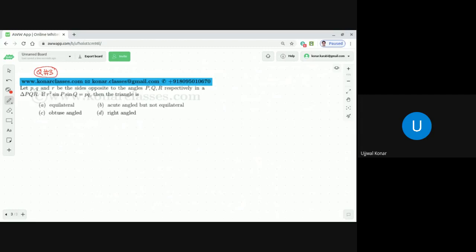So here the question is: let p, q, r be the sides opposite to the angles P, Q, R respectively in a triangle PQR. If r square equals sine P sine Q... then what type of triangle is it? Equilateral, acute angled but not equilateral, obtuse angled, or right angled.